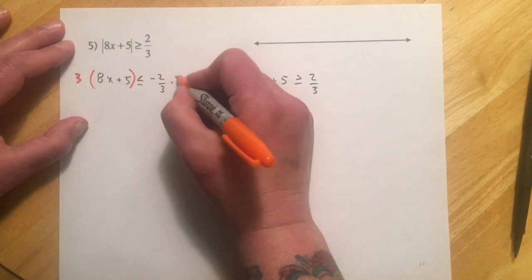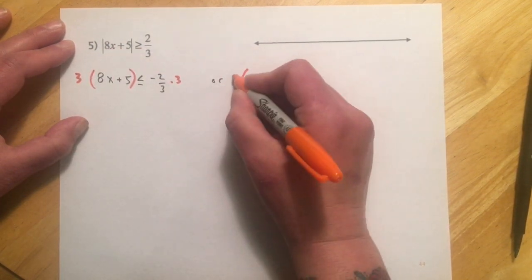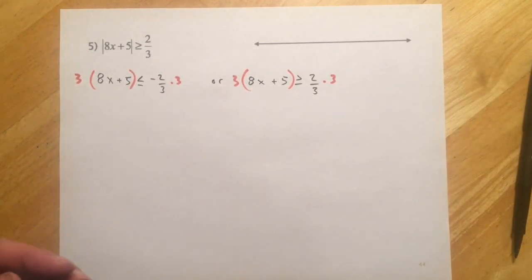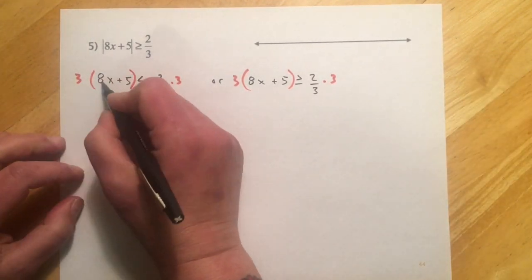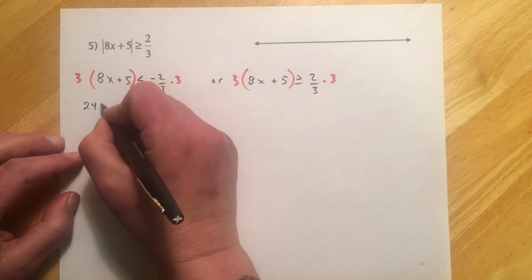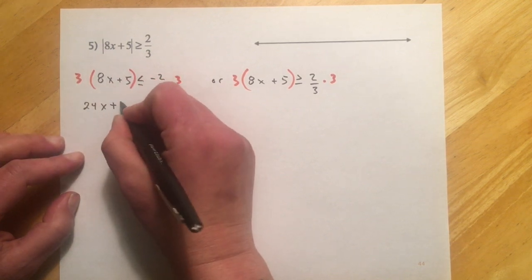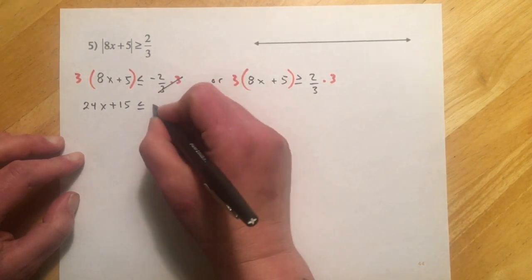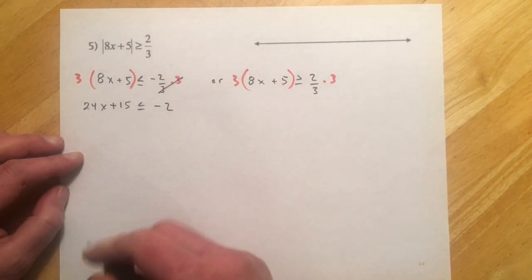So I'm just going to multiply both sides by 3. So 3 times 8 will get us to 24x plus 15 is less than or equal to, 3's cancel there, and I just have negative 2.